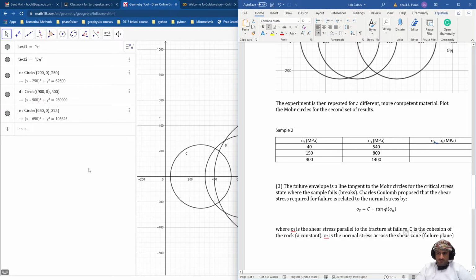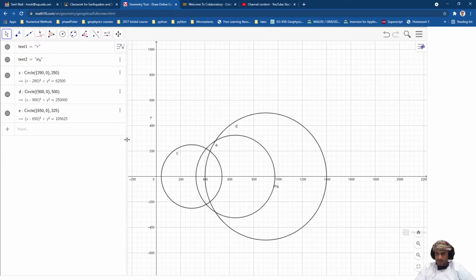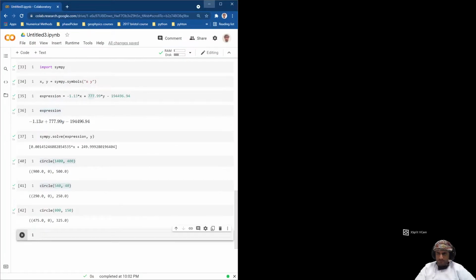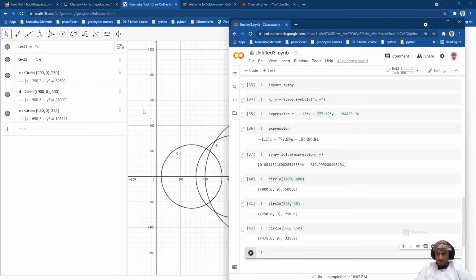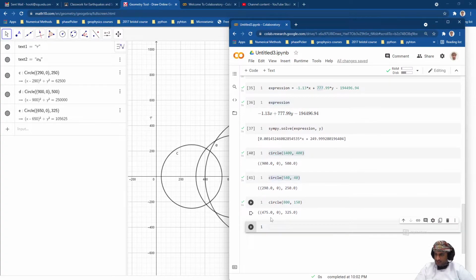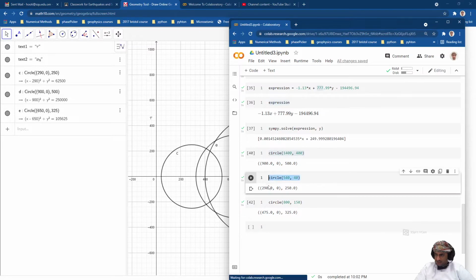It's not this one. This one, with the notebook. So circle C is 290, 0, 250. That's perfect. Circle E is off.